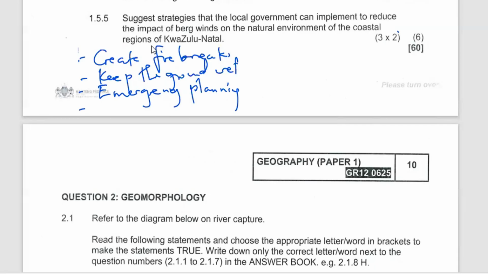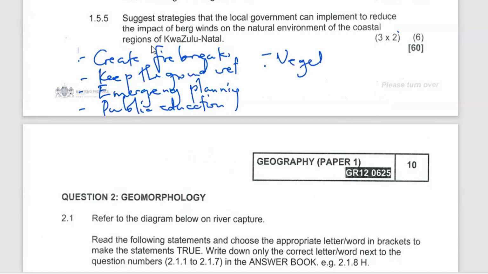And also we can talk of public education. It can assist in educating the people on how to reduce the impact of the Berg winds on the environment, so that people will take the initiatives at household level and do not disregard the damage that was going to happen on the environment.